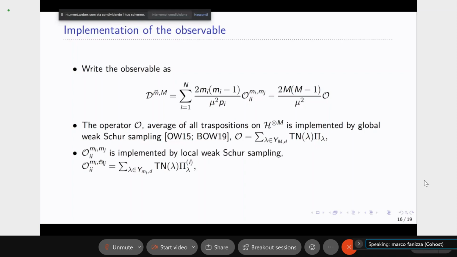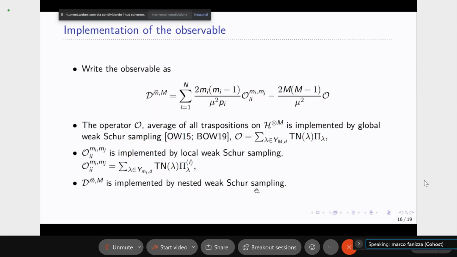But it is also obviously true that all the O_ii can be implemented by local mixture sampling, that is, mixture sampling only on the states with label i. And since these local mixture samplings and the global mixture sampling commute, we can find an implementation of the observable that we call nested mixture sampling.